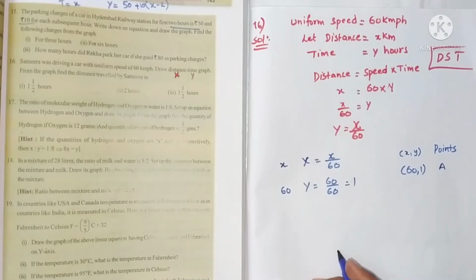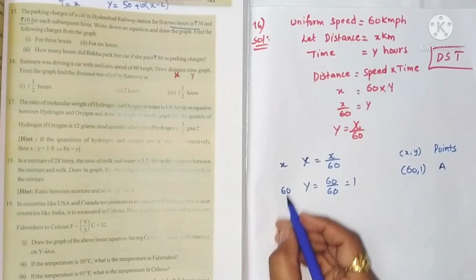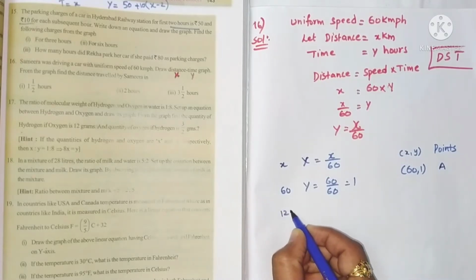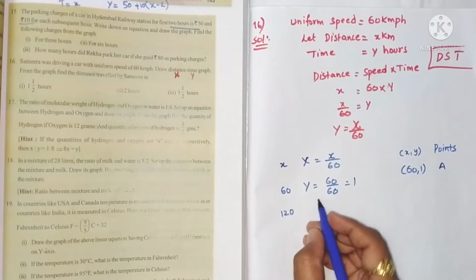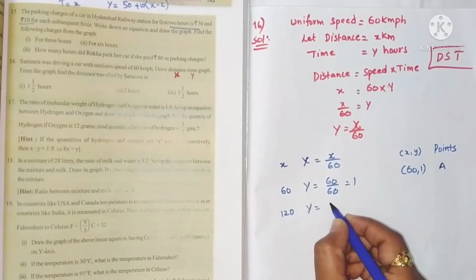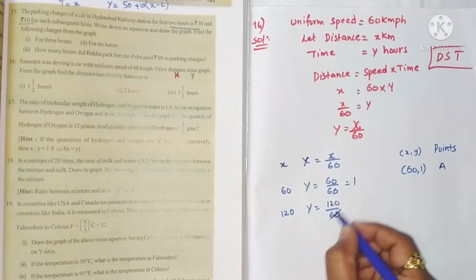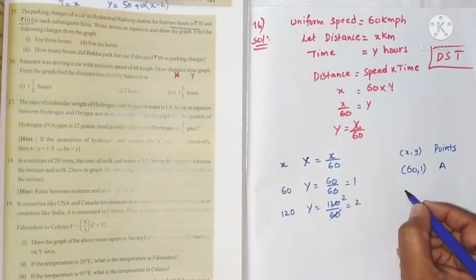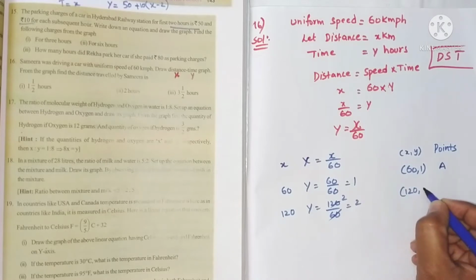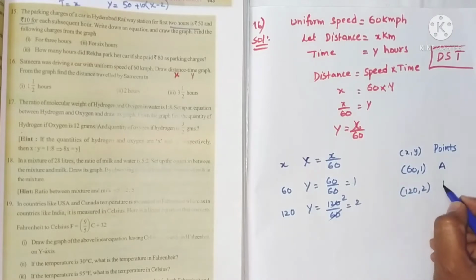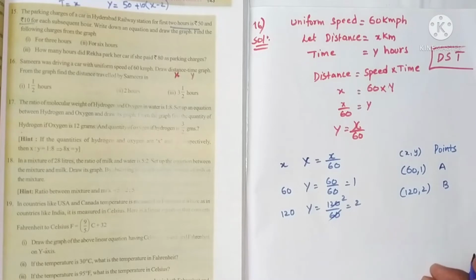Now we take x as 120. 6 2s are 12, so 60 2s are 120. Then 120 by 60, it is 2. 120 is the x value and 2 is the y value.